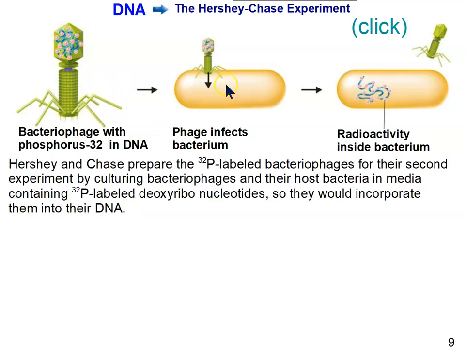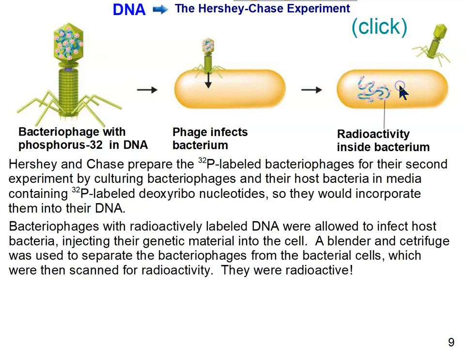They allowed the virus to infect the cells, and then they checked to see where the radioactivity was. And they found that the radioactivity was not outside the cells, it was inside the cells. So that showed once and for all that DNA is what was injected into the cells by viruses.